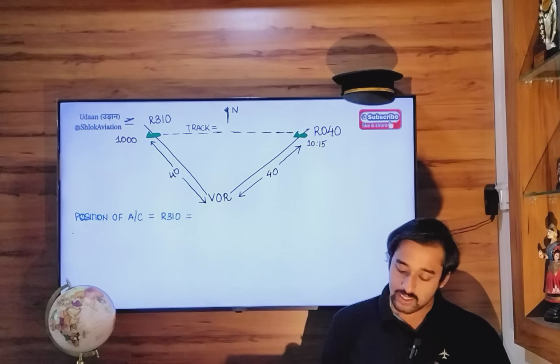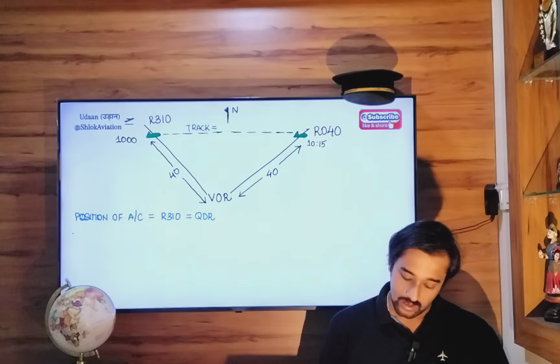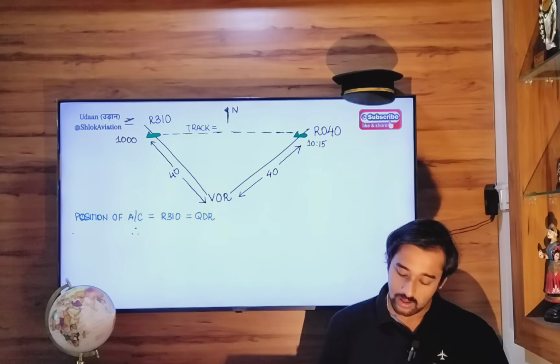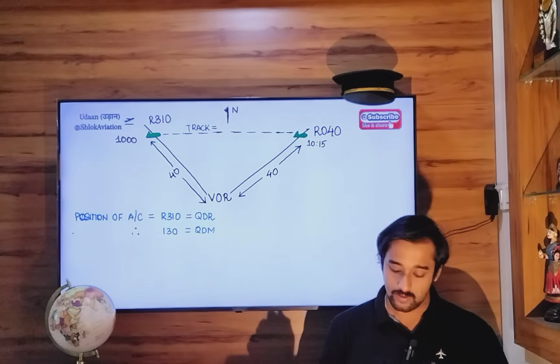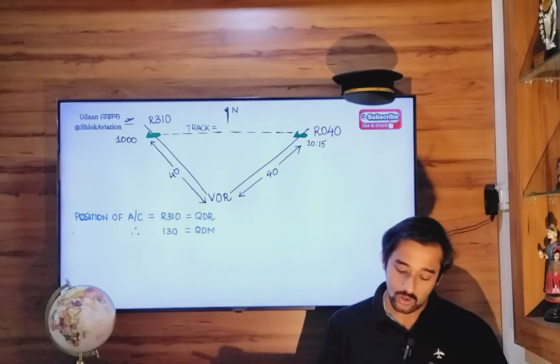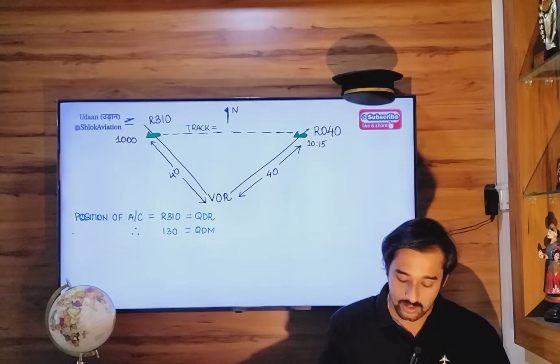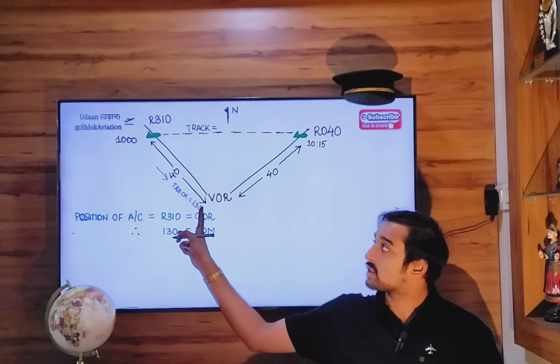Radial 310 is nothing but QDR, the magnetic bearing away from the station. Therefore, QDM will be equal to 130, the magnetic bearing to the station. To the station the track is 130.